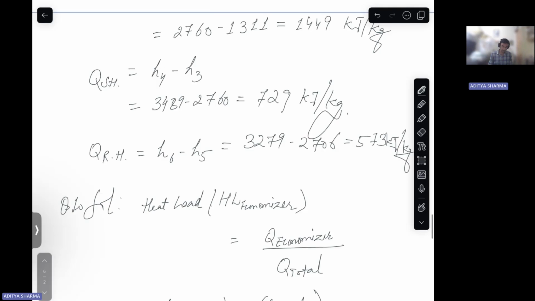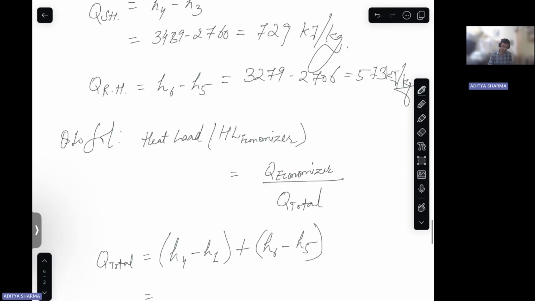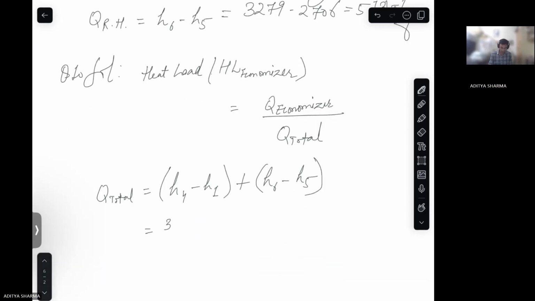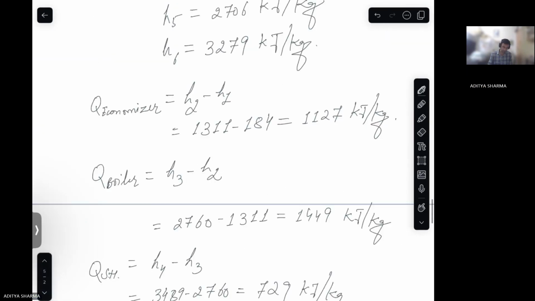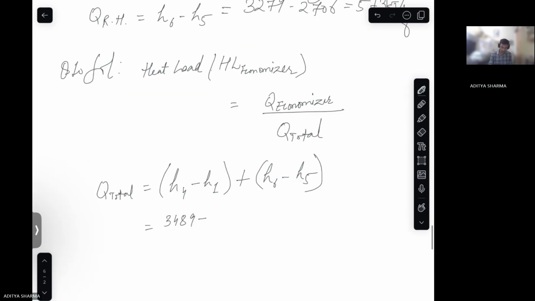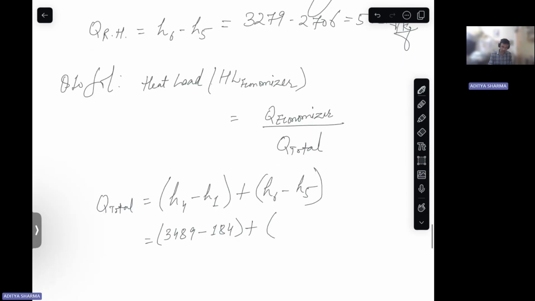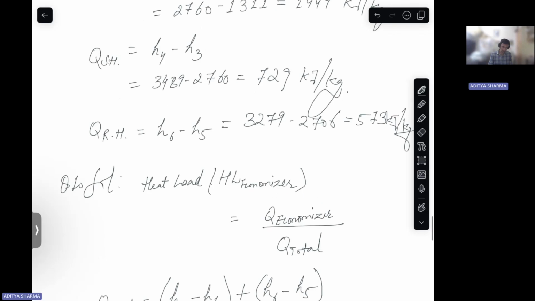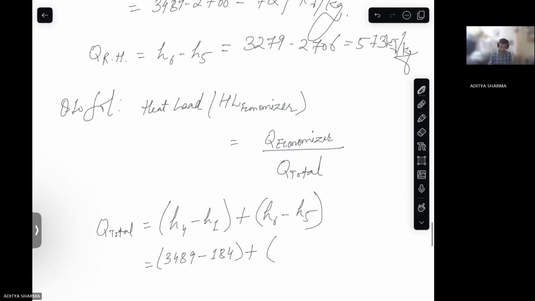Now, if you see your H4 is 3489 minus H1 is 184, plus your H6 minus H5, we have already found out, that is 573.